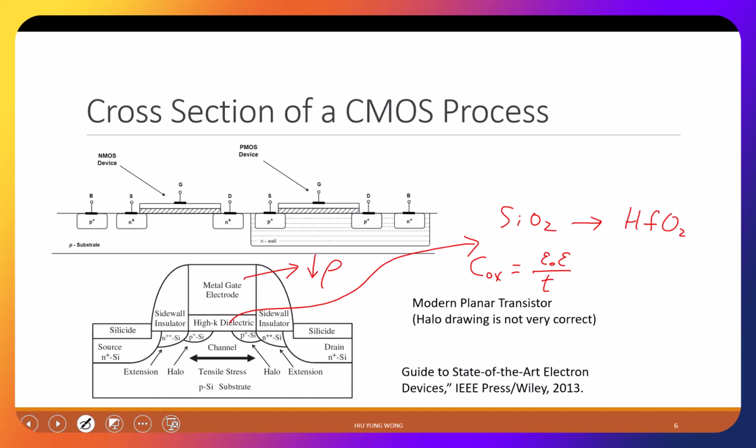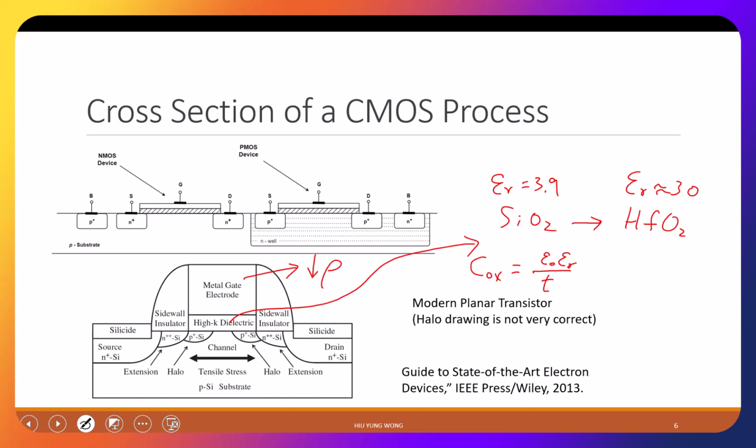And depending on the material, you have different relative permittivity. For example, for silicon dioxide, the relative permittivity is 3.9. For hafnium dioxide, it depends, but let's say it's about 30. It depends on the process.